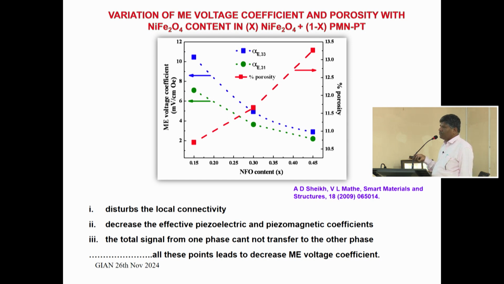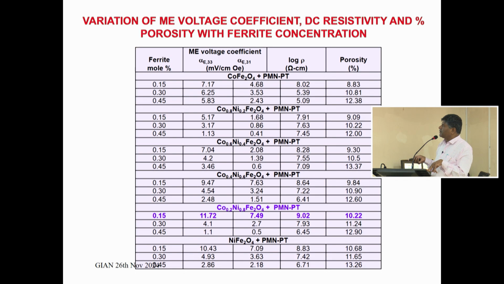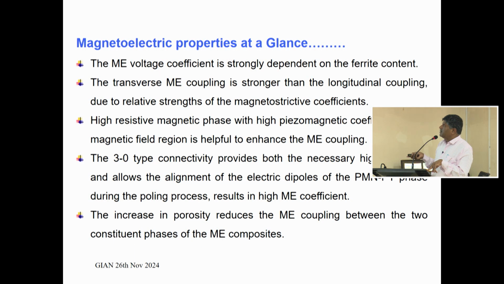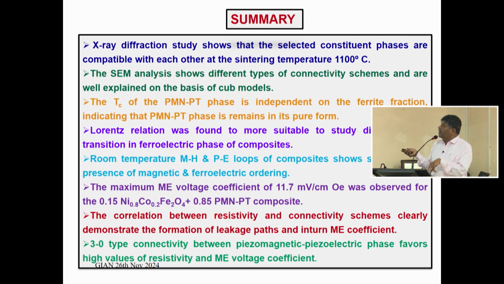So, porosity should be as low as possible, but I think that even some porosity at an optimal level would facilitate the ME performance. This is what I think. So, this is the total glimpse of the results. 3-0 connectivity provides you better performance.